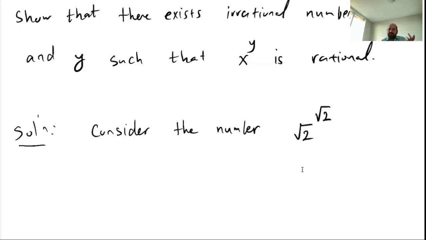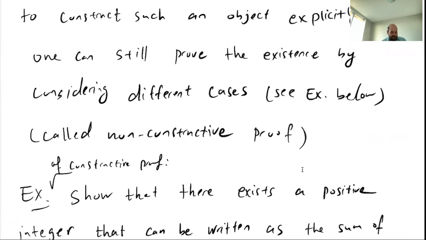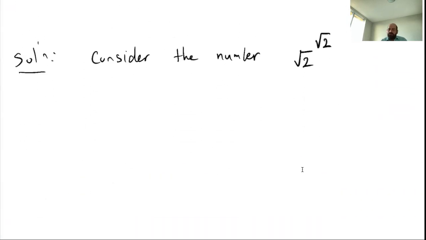How? By considering cases. Remember, we said in the non-constructive case, we can still prove the existence by considering cases or possibilities. I have a number √2 to the power √2. There are only two possibilities. Either this number is rational or irrational. In either case, I'm going to show the existence of the object of interest, which is in this case an irrational number raised to an irrational number that becomes a rational number.